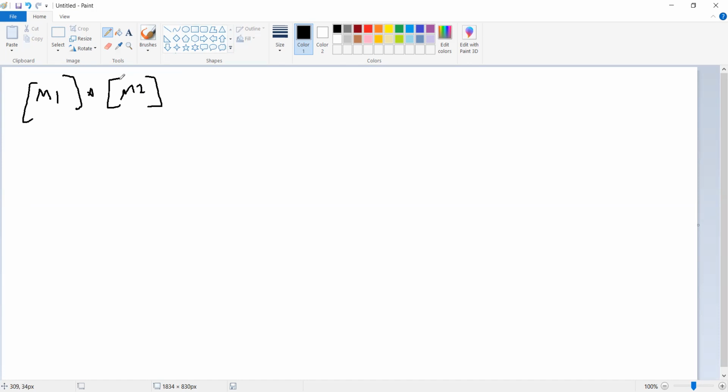Second point, for it to happen, if the shape of m1 is m into n, let's say, and m2 is x into y, the first condition is that this n should be equal to x.